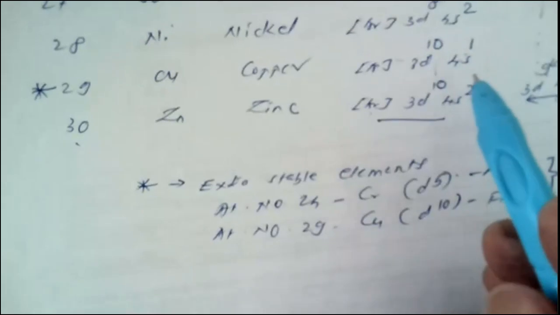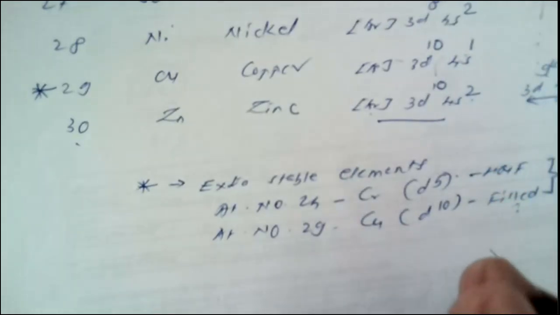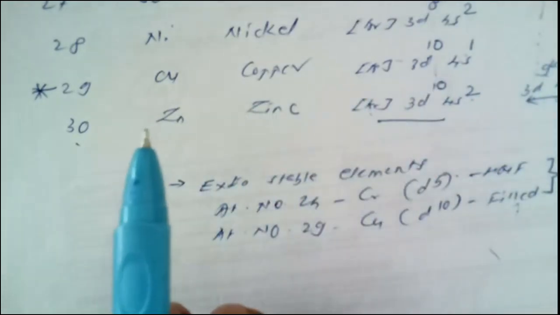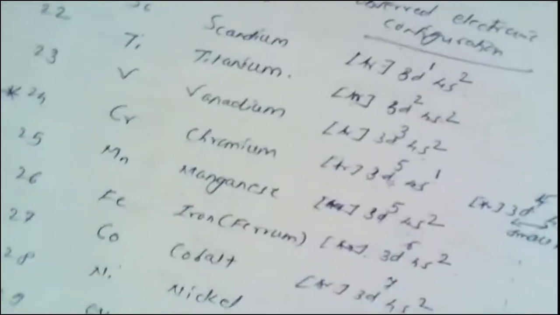So while writing the explanation for the electronic configuration of 3d block elements, you have to write the extra stable electronic configurations which are offered by completely half filled and completely filled, that is chromium and copper having atomic number 24 and 29 respectively.